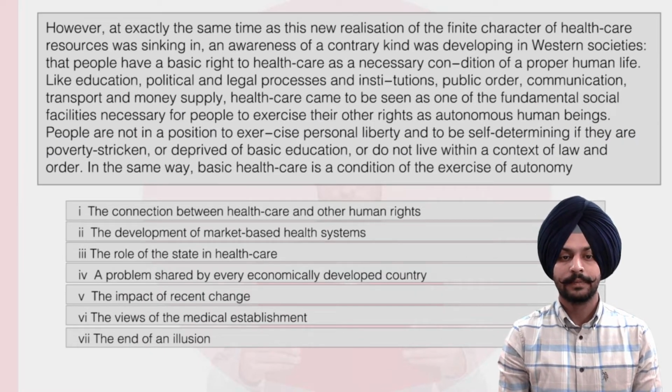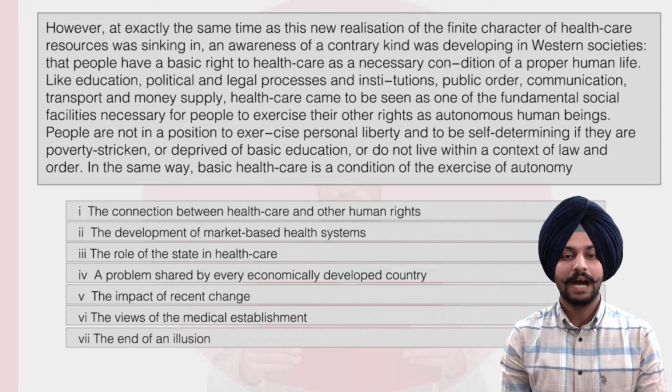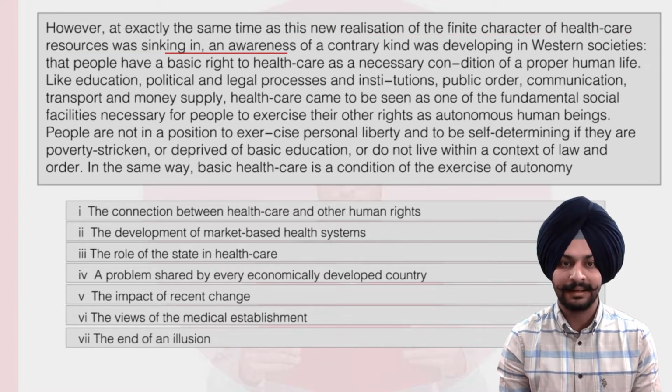So here, as you can see on your screen, this is another paragraph, and it says, however, at exactly the same time as this new realization of the finite character of healthcare resources was sinking in, an awareness of a contrary kind was developing in Western society.